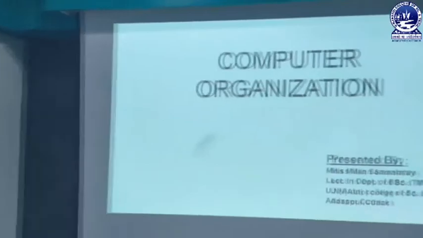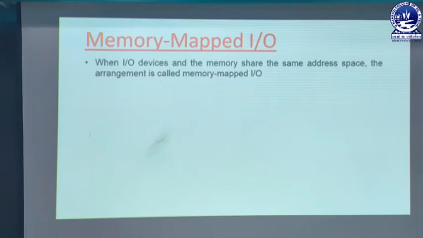Okay. So, next one is our memory mapped I/O. In the memory mapped I/O concept, the I/O device and the memory both share the same address space, and that is called the memory mapped I/O concept.